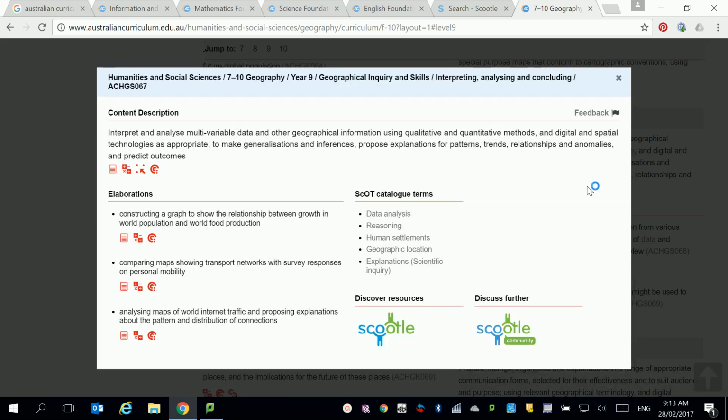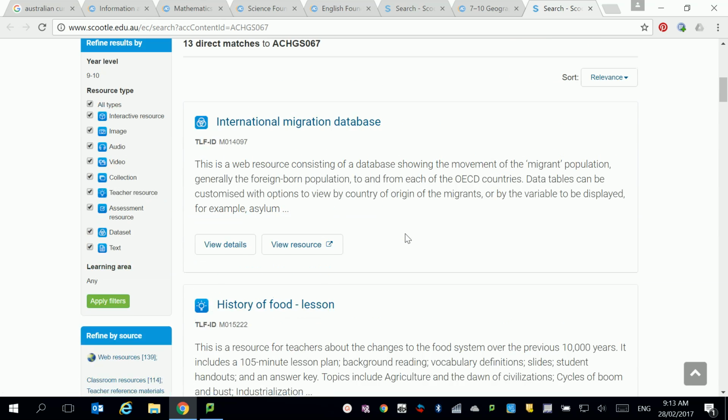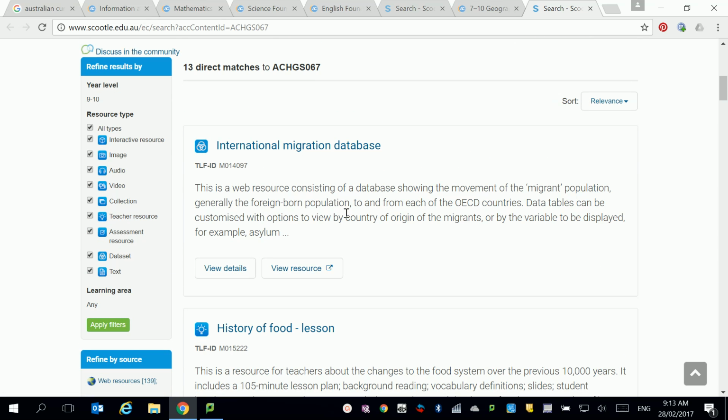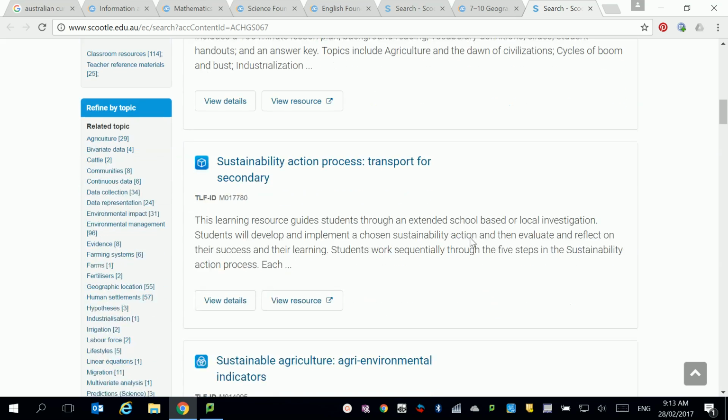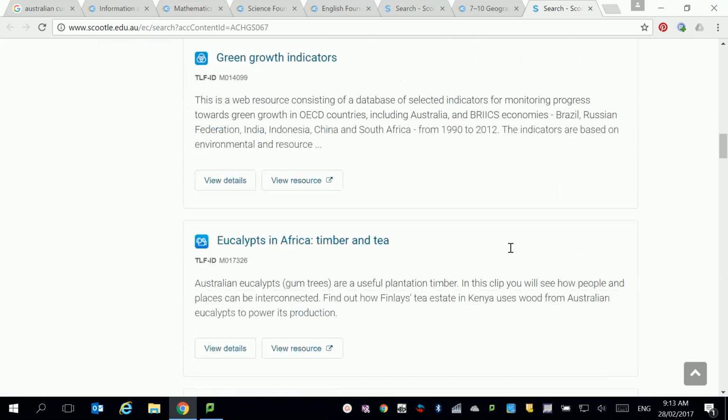And again, if I go in to Scootle, I could probably find some resources, like you've already got an international migration database.